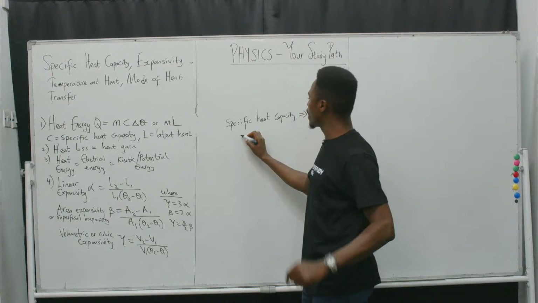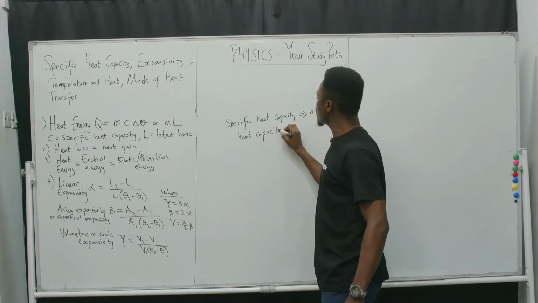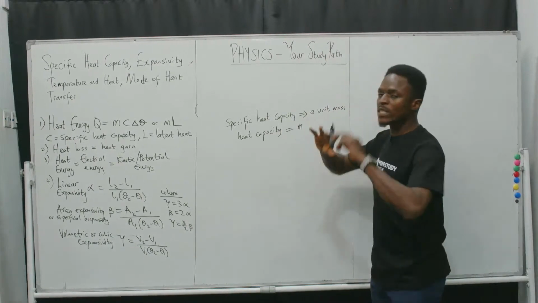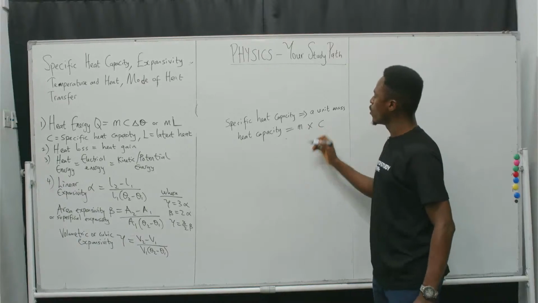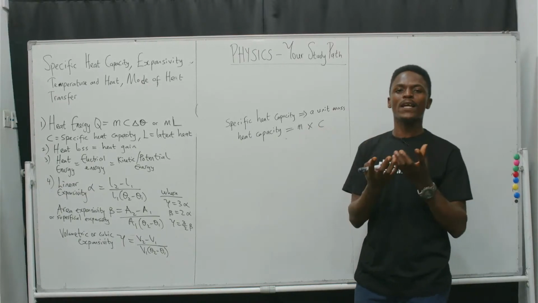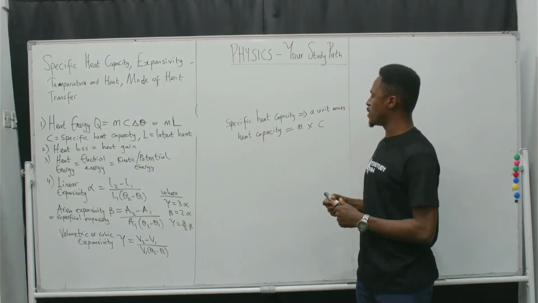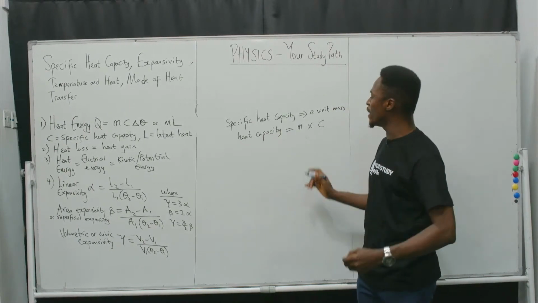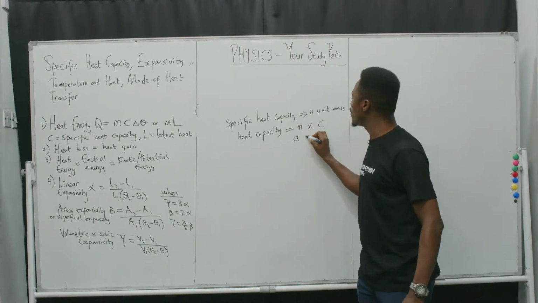We have another tag, heat capacity. Heat capacity is actually the product of a quantity of mass and the specific heat capacity. That's why if you're asked to define heat capacity, you say it is the amount of heat energy required to raise the temperature of a given mass.